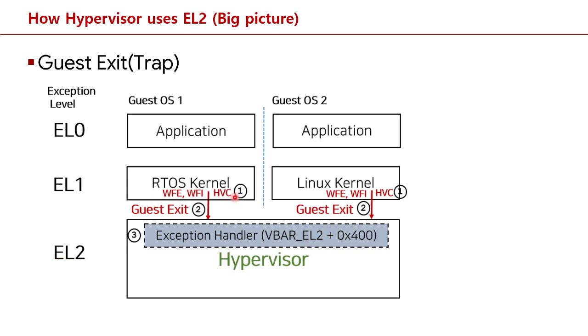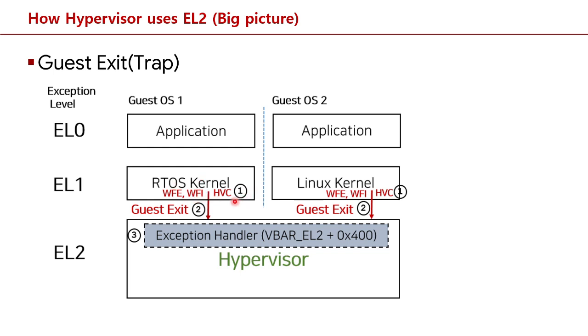This kind of operation by running the HVC assembly instruction is called a guest exit. Here, the ARM architecture supports other assembly instructions to transition from EL1 to EL2. That is the WFE and WFI assembly instruction.